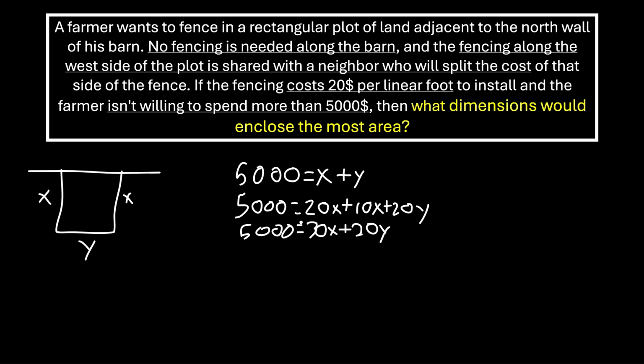Now, we should isolate one variable, which I'll choose to be y. So subtract 30x on both sides. So 5,000 minus 30x equals 20y.